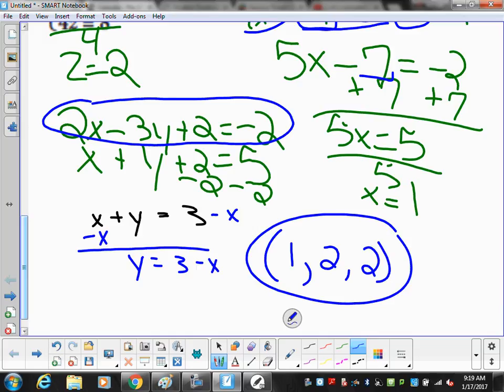All right, questions? So, start out, find the easiest variable to solve for and solve for it. Then start plugging stuff back in until you've found all the values of all the variables. So, questions?